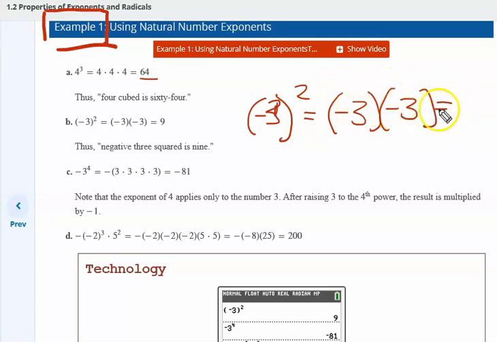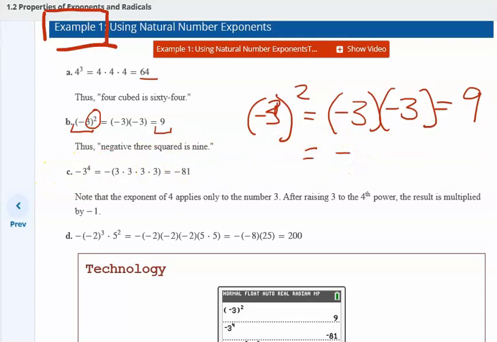Negative times negative gives you a positive 9. Now a little thumbs up: if we're raising a negative base to an even power, our answer will always be positive. If we're raising a base to a third power, which is odd, or fifth, or seventh, our answer will end up being negative.